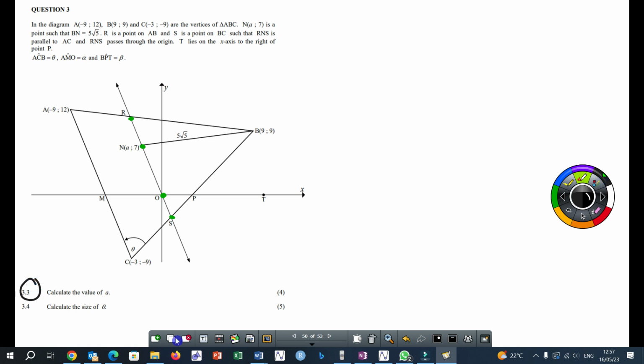But before we do that, let me duplicate this page. Right, so let's say method 1. Method 1, we are going to use the straight line.